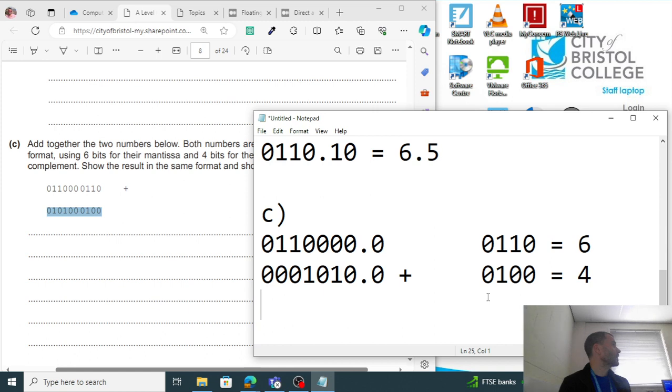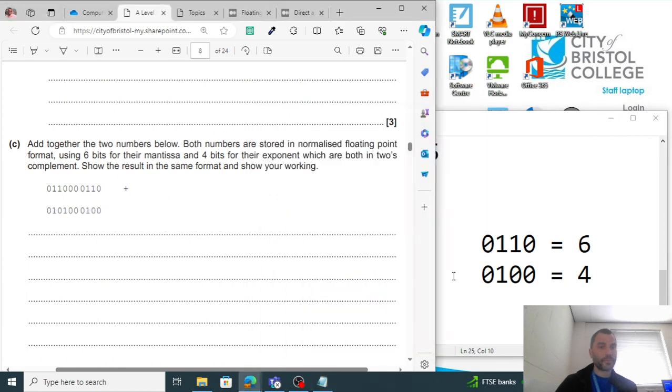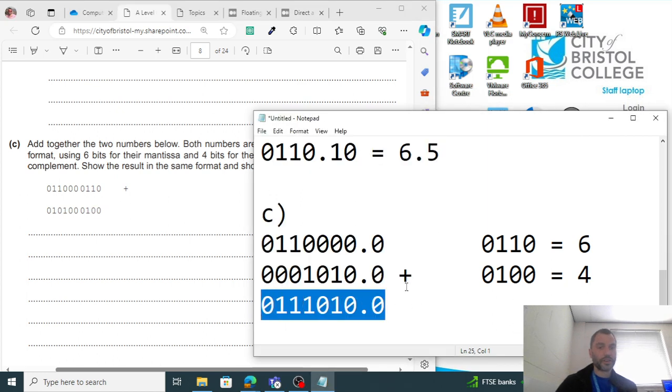So, can someone do this addition? What's 0 plus 0 in binary? Okay, thanks. And 0 again, and then what's 0 plus 1? 1, 0, 1, 1, 1, 0. So that is our answer.